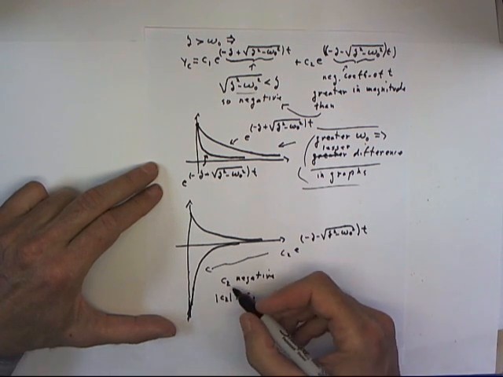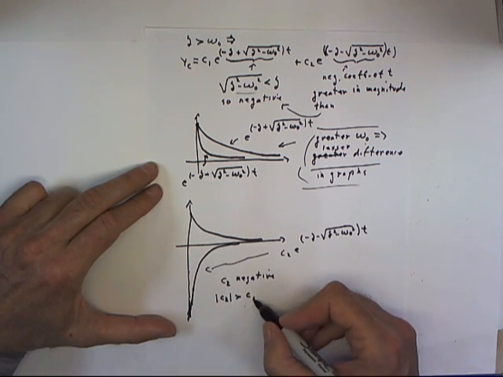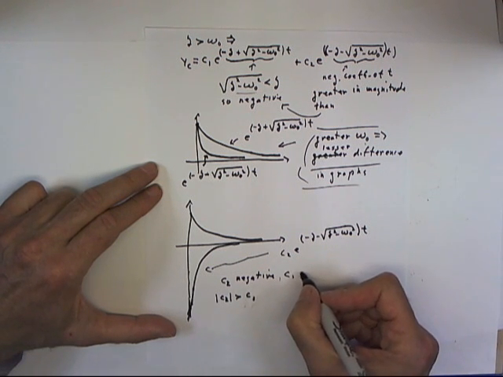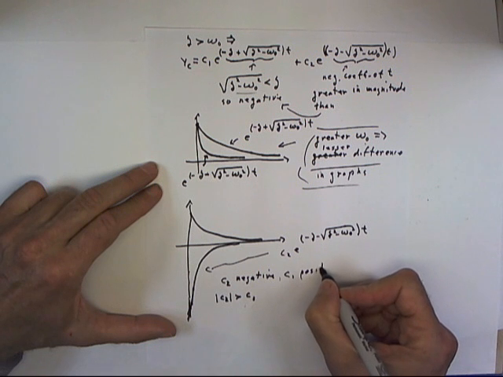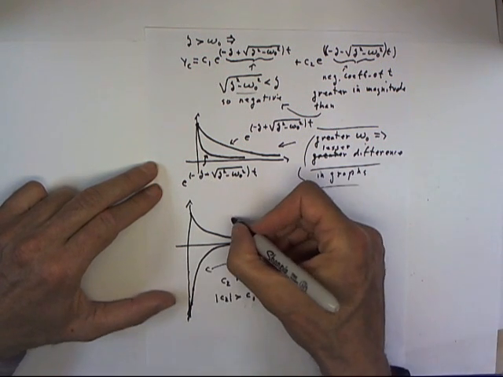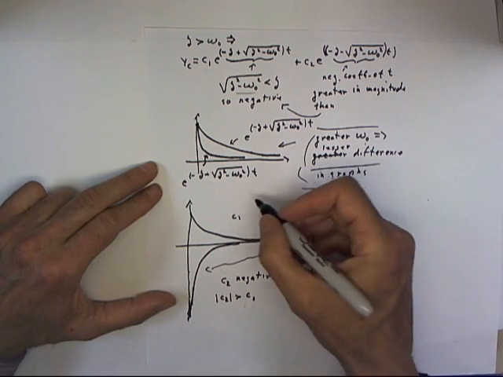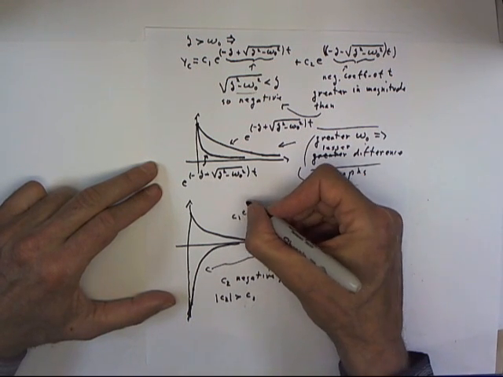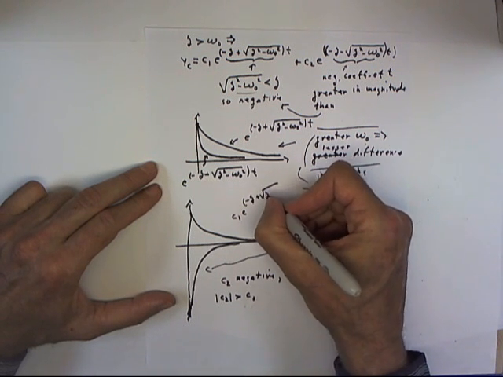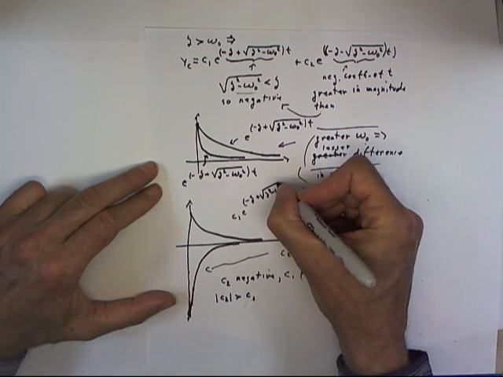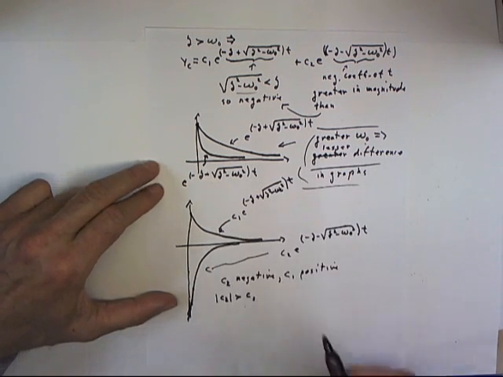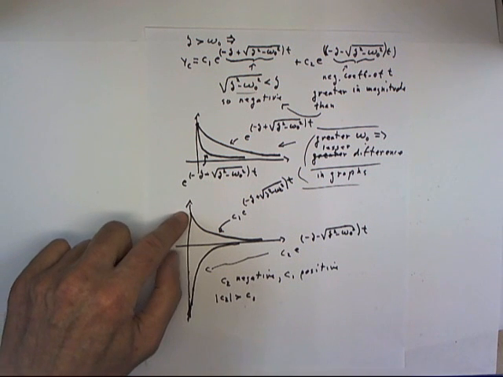And assuming that the magnitude of C2 is bigger than C1, and let's specify that C1 is positive. That might be implicit from the graph, but let's write it down very clearly. That our C1 e to the negative delta plus the square root of delta squared minus omega naught squared t would look like this.